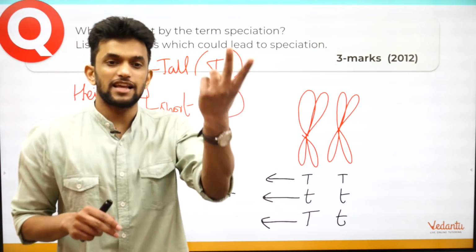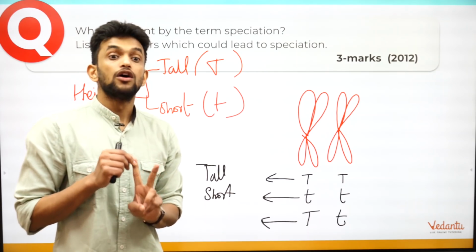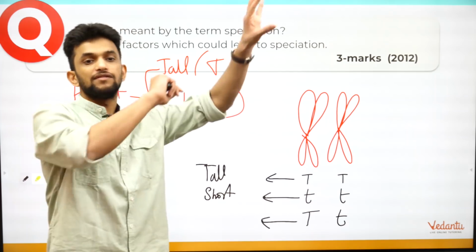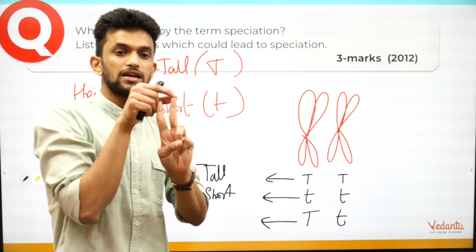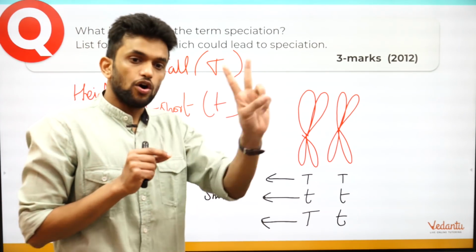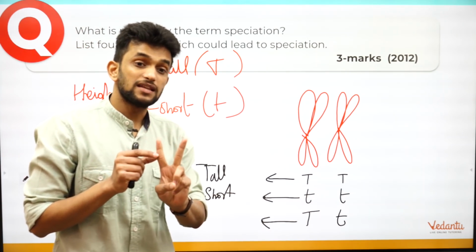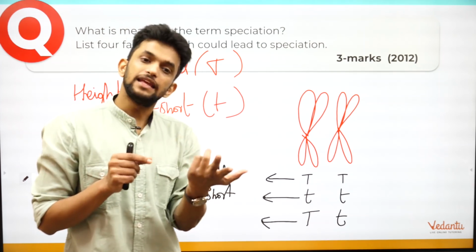But whatever gets expressed, we call it as dominant allele. What do we call it as? Dominant allele. So we have seen through experiments that whenever tall and short is present, tall gets expressed. Whenever tall and short is present, what gets expressed? Tallness gets expressed.